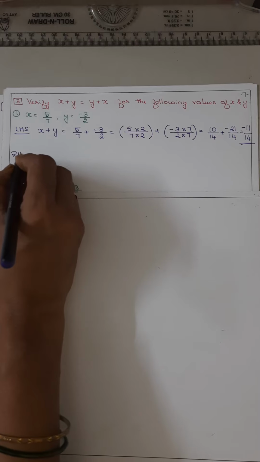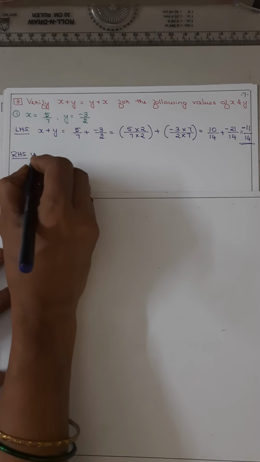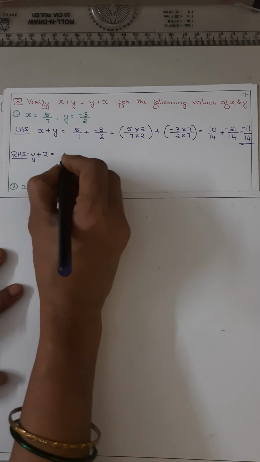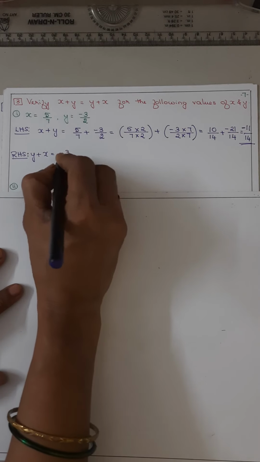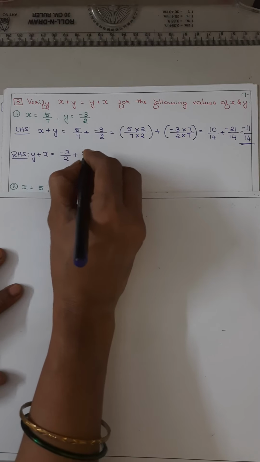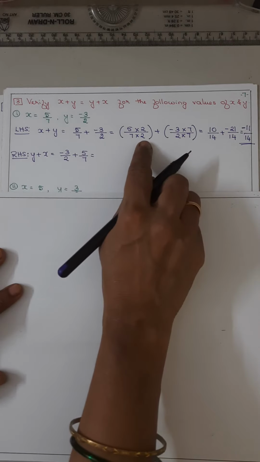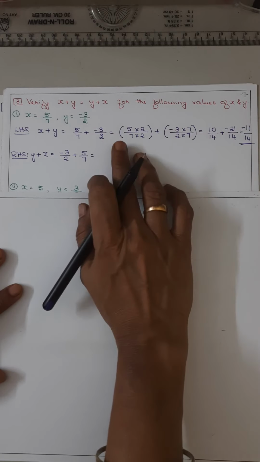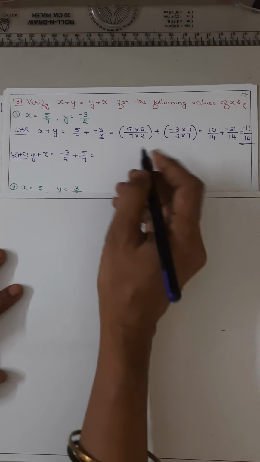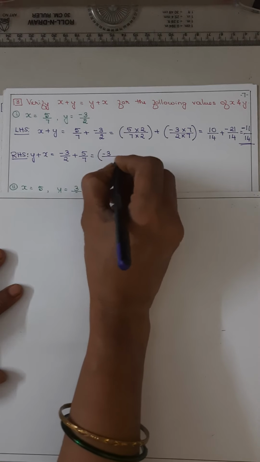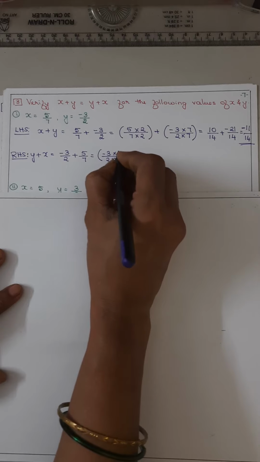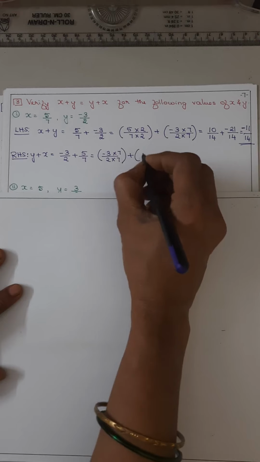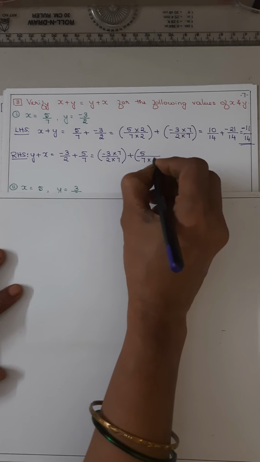Now RHS, y plus x. है ना? So put the values. Y is minus 3 by 2 plus 5 by 7. Now here it will be the same but interchange. So ये पहले लिखने का, ये वाला बाद में. So minus 3 by 2 into 7, because 14 is the LCM, plus 5 by 7 into 2.